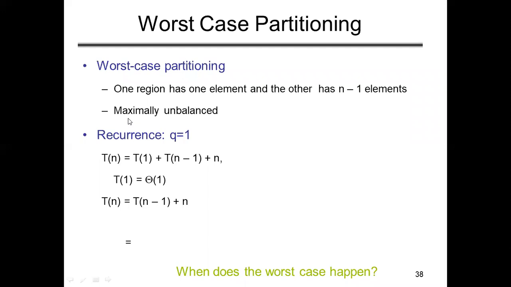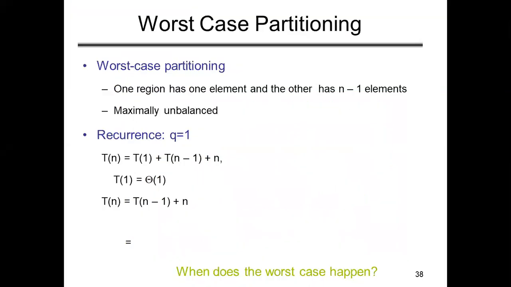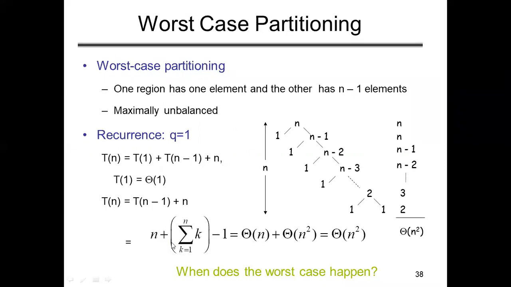So maximally balanced. So in the recurrence case, Q equal to 1, T of n is equal to T of 1 plus T of n minus 1 plus n.